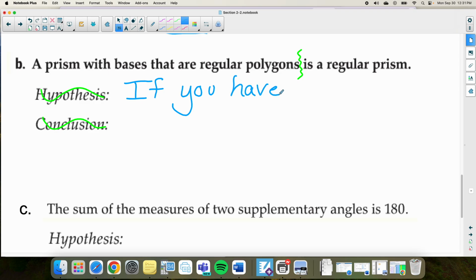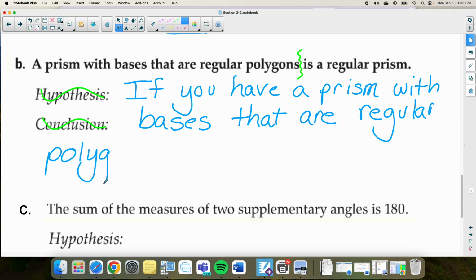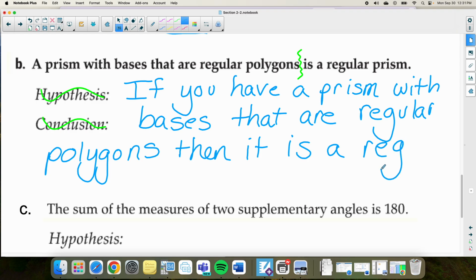You could say if it is something like that, a prism with bases that are regular polygons, then it is a regular prism.